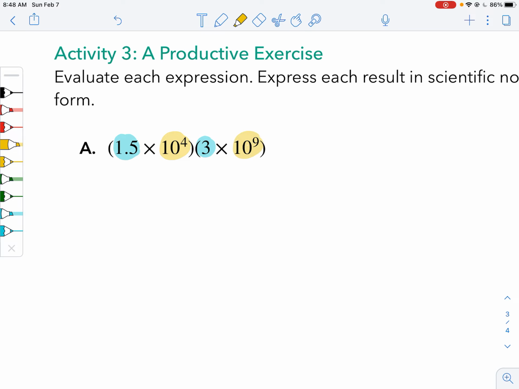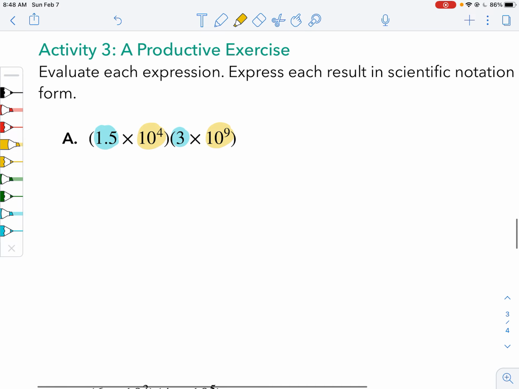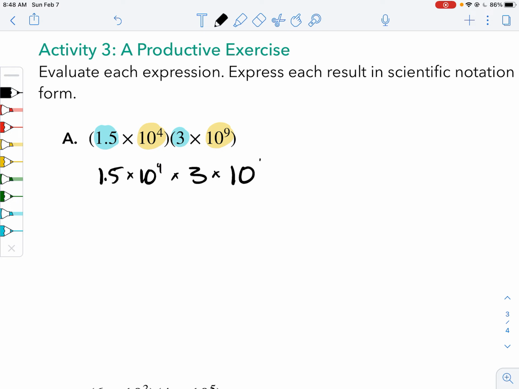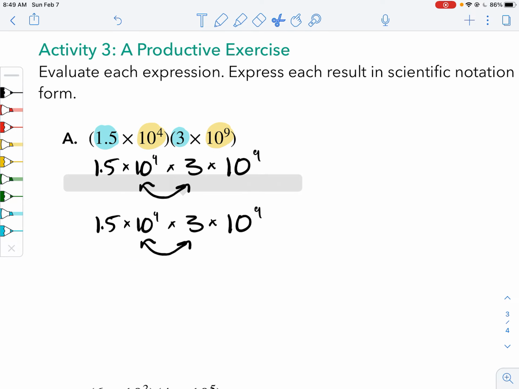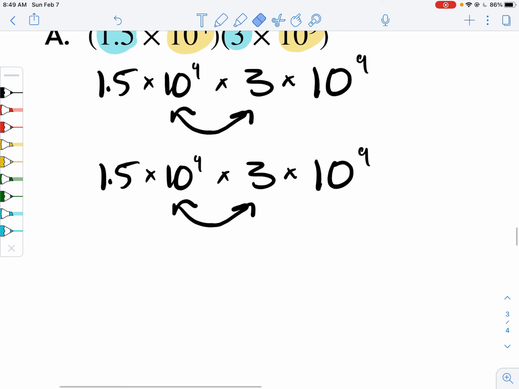So I'm going to group them accordingly. According to the commutative property of multiplication, I can take 1.5 times 10 to the 4th times 3 times 10 to the 9th, and I can rearrange these 2. I can move them, reorder them, and then multiply it that way. And that's exactly what I'm going to do.